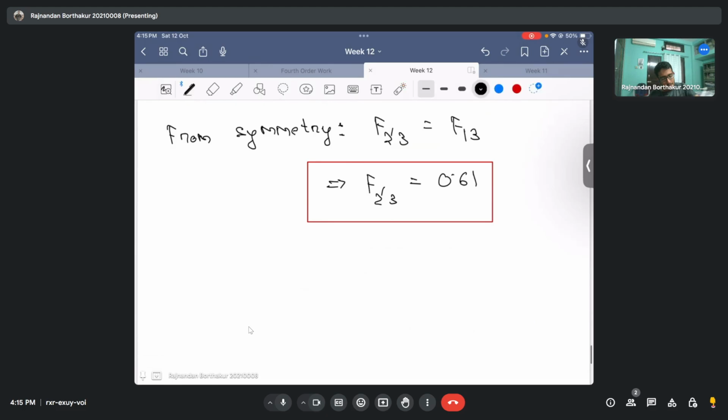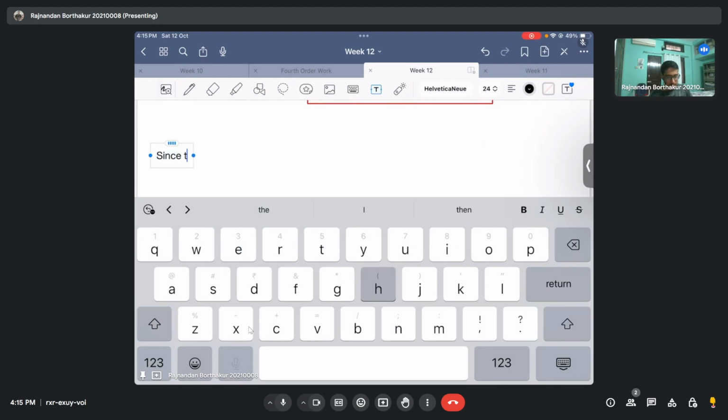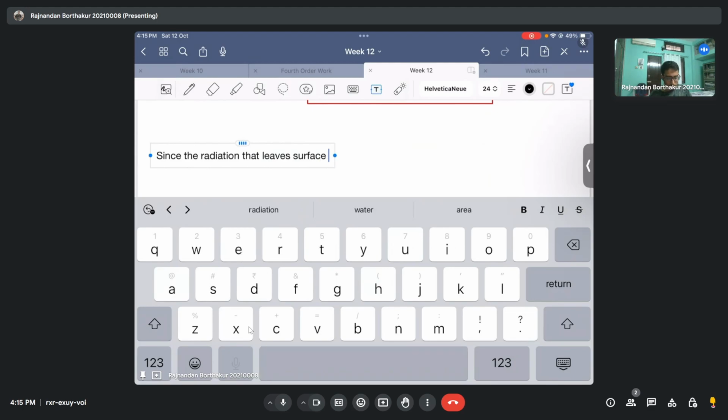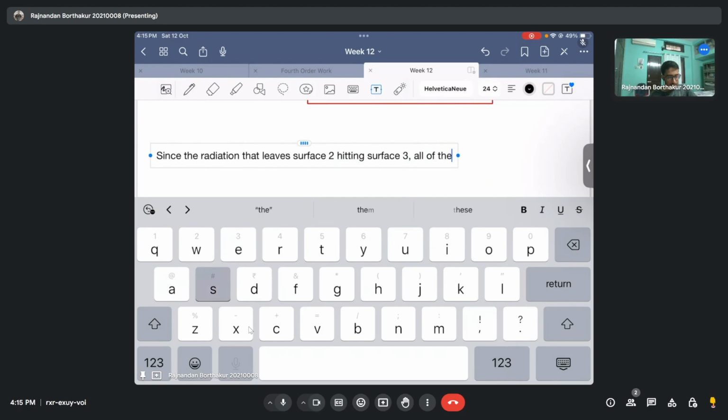The radiation that leaves surface 2 and hits surface 3 passes through this mysterious surface 2 prime. So the context is that since the radiation that leaves surface 2 heating surface 3 all passes through the imaginary surface.